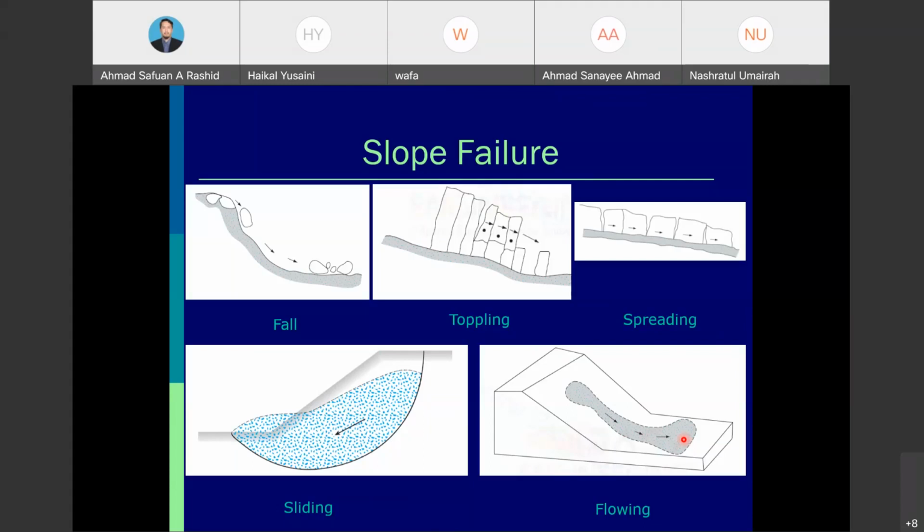So the government will build a sabo dam in order to minimize the problems due to this debris flow event.